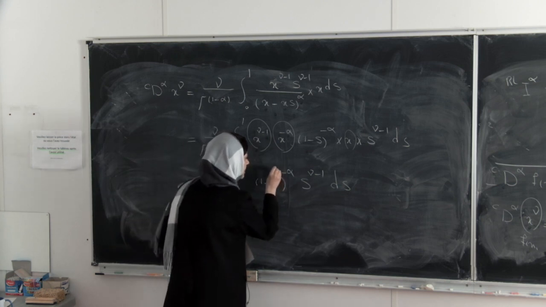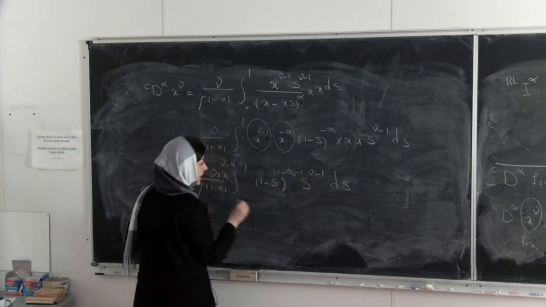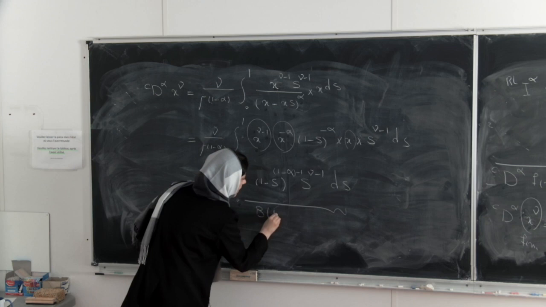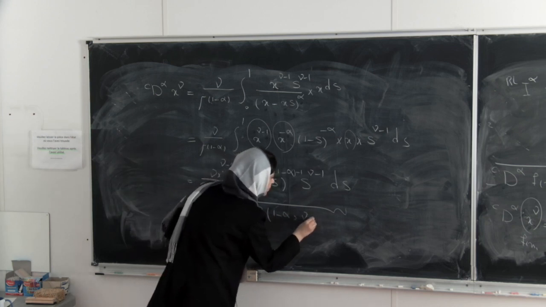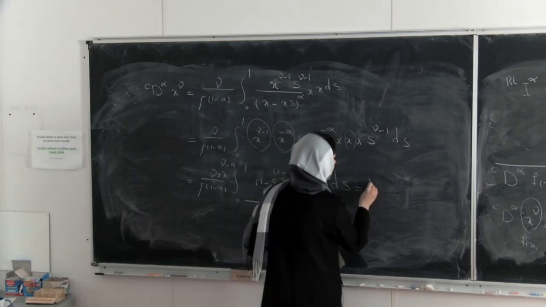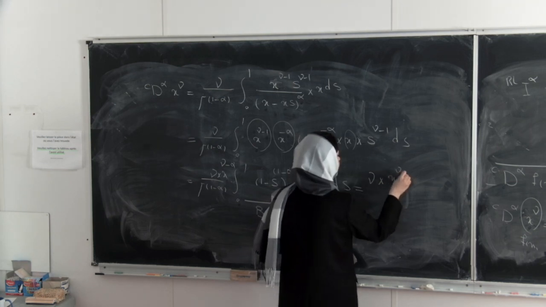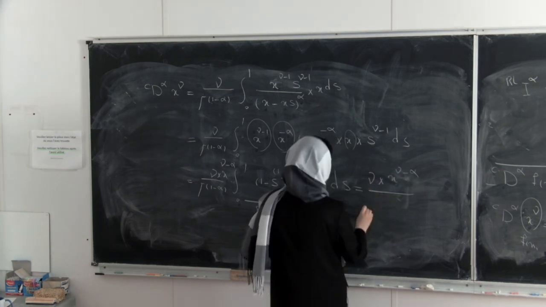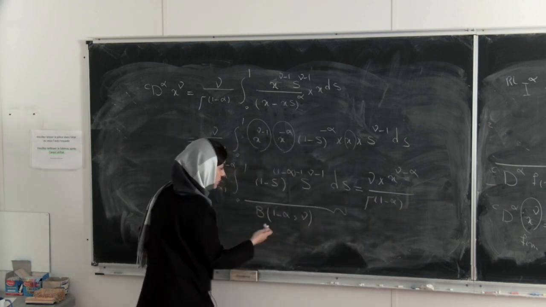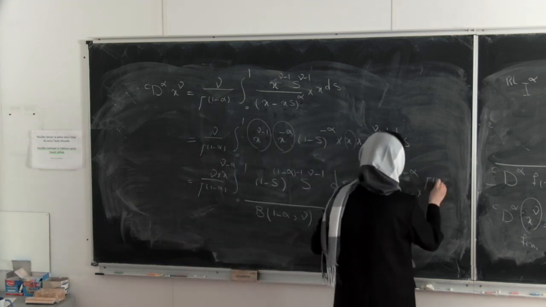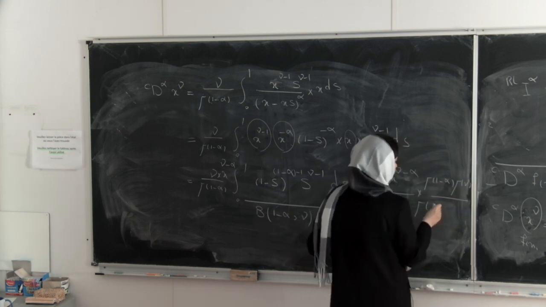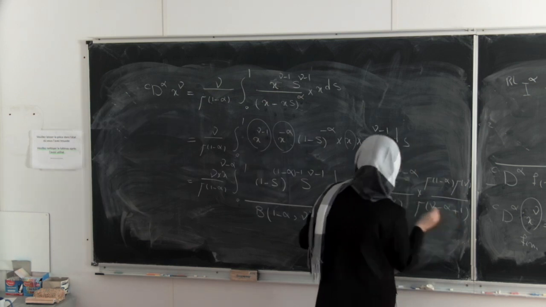And we know that we can write it like this. So from the definition of beta function, it is beta of 1 minus alpha and nu. So finally, we have nu times x to the nu minus alpha divided by gamma 1 minus alpha, and from the definition of beta function, gamma 1 minus alpha times gamma nu divided by gamma nu minus alpha plus 1.